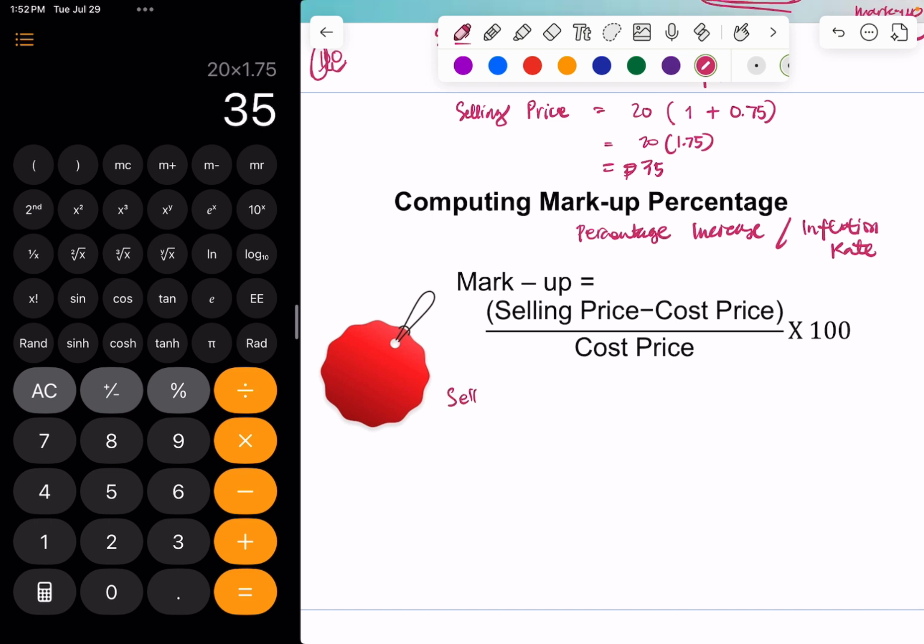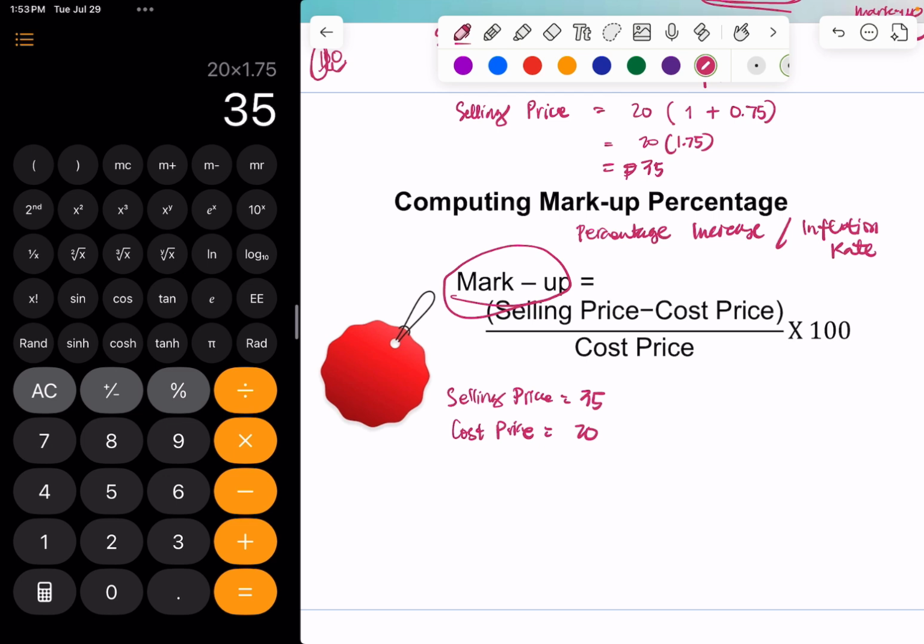We also have the cost price, which is 20. Okay, what if lang? What if wala ta kabalo nga ang markup percentage is 75%? How to get 75%? So we're just going to use this formula.